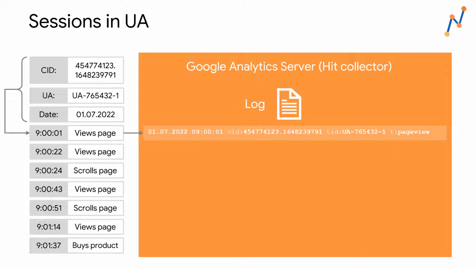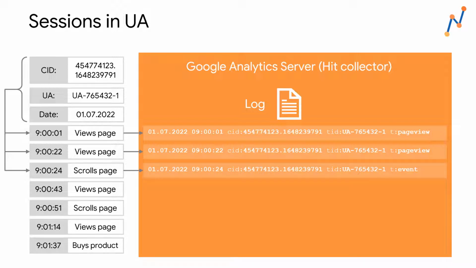And as a side note, what you see here is only a small portion of the data being sent to Universal Analytics. If you want to know more about the payload of a hit, I'd recommend watching part 7 of this video series. The next interaction, which is also a page view, will then be sent and stored too, of course. Then scrolling down the page will be sent as an interaction of the hit type event and will be stored accordingly.